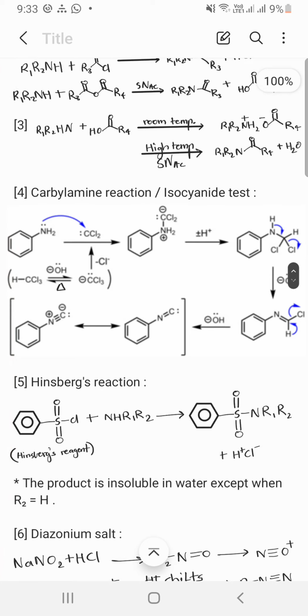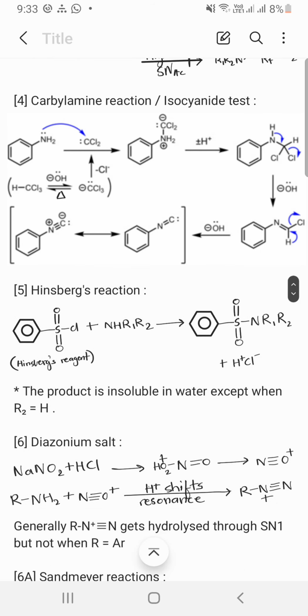From an isocyanide. So with phenol it forms an aldehyde, and with this it forms this isocyanide, right? It's weird. Whatever.